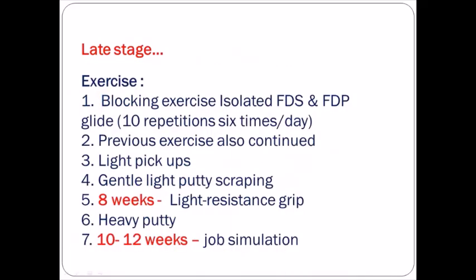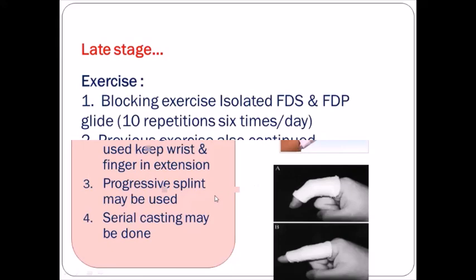Now coming to the late stage exercises: blocking exercises, isolated FDS and FDP. You can block the movement of flexor digitorum superficialis and go for individual flexor digitorum profundus. You can also block that movement and go for individual flexor digitorum superficialis. You can do this 10 repetitions, 6 times a day.